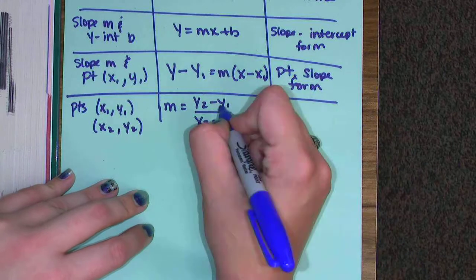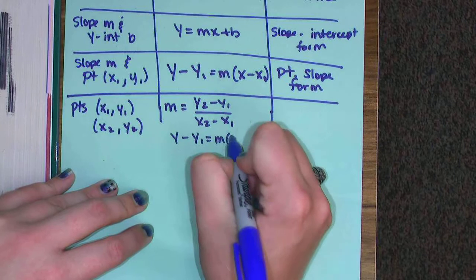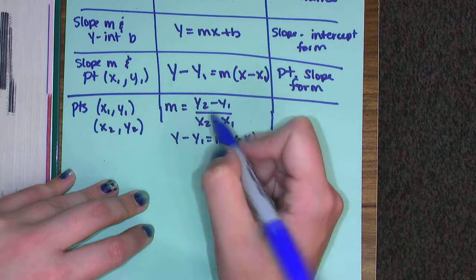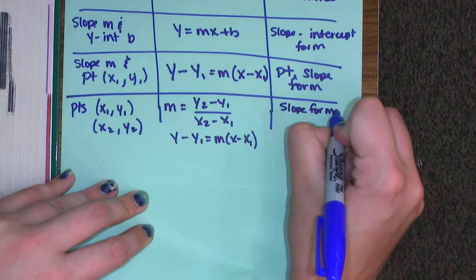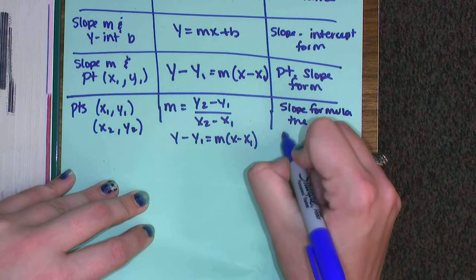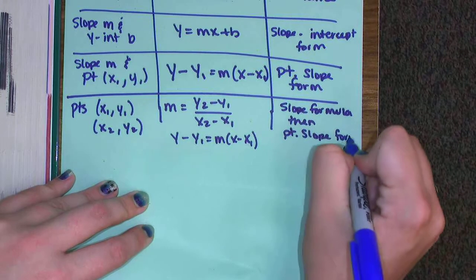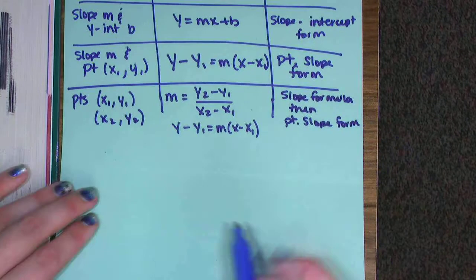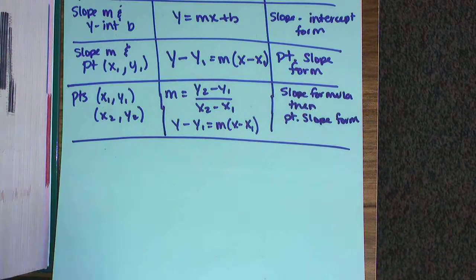But we use that, and then we go into the y minus y1 is equal to m times x minus x1. So we first use the slope formula, then point slope form. So that's another possibility for what you can be given.